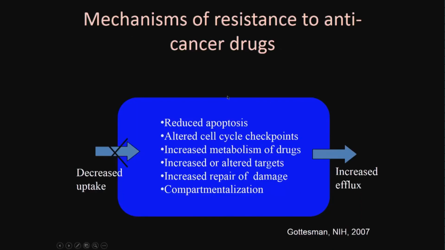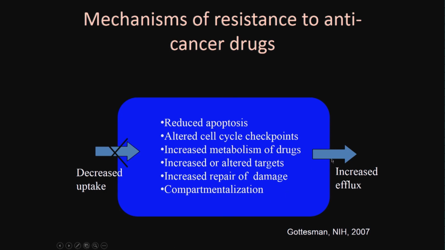What are the mechanisms of resistance to anti-cancer drugs? For example, there is a decrease in uptake in the cells. There is reduced apoptosis, altered cell cycle checkpoints, increased metabolism of drugs, increased or altered targets, increased repair of damage, compartmentalization. All these happen, and we also have increased efflux.